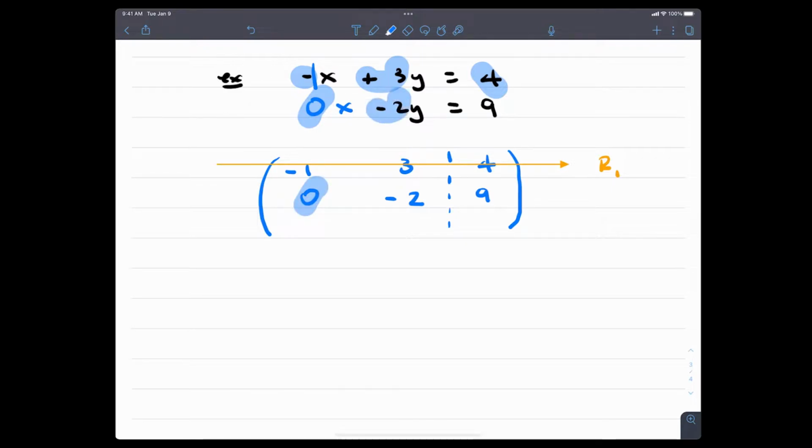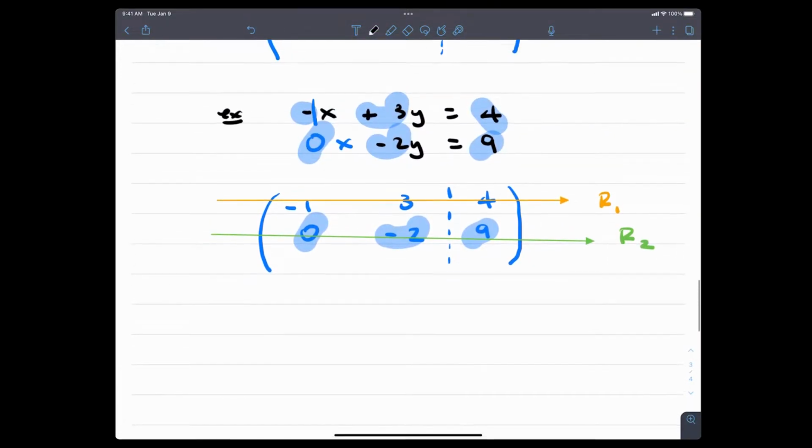Those are my coefficients. What is this called? Row 2. So far, so good? Anybody have any questions on that so far? Is that easy? Because you need to know the details.